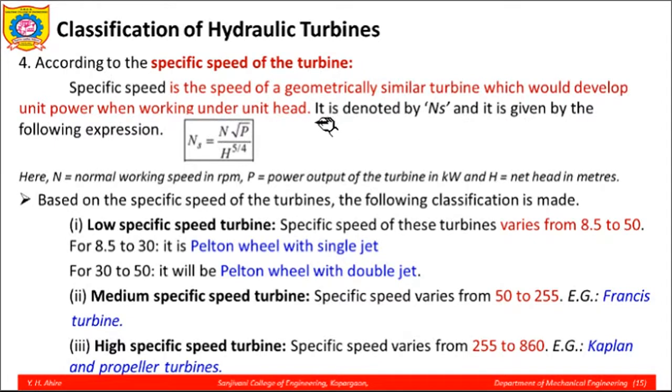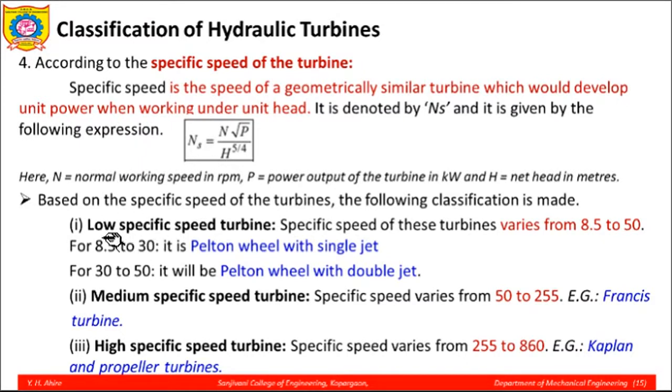The specific speed has a symbol NS, and the formula is: NS equal to N root P upon H raised to 5 by 4, where N is the working speed, P is the power output in kilowatt, and H is the net head in meters. This is one of the criteria to compare the water turbines, that is specific speed.